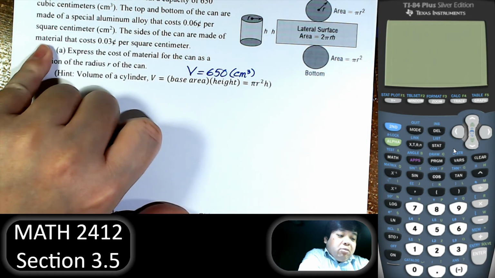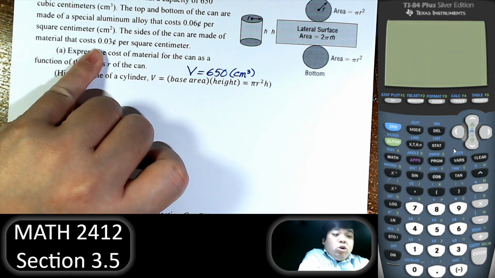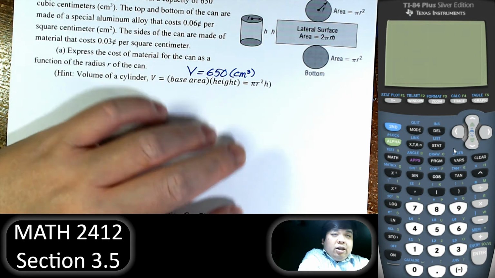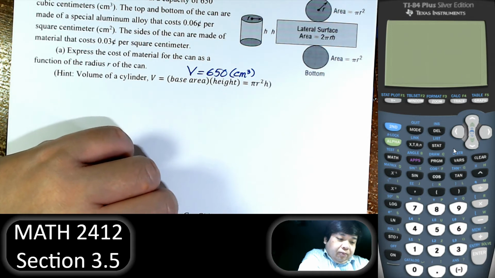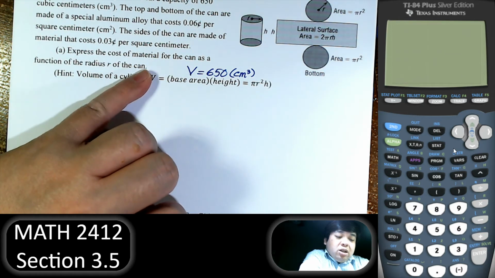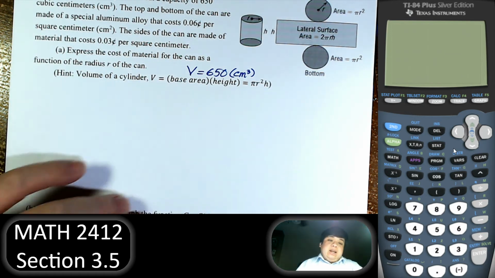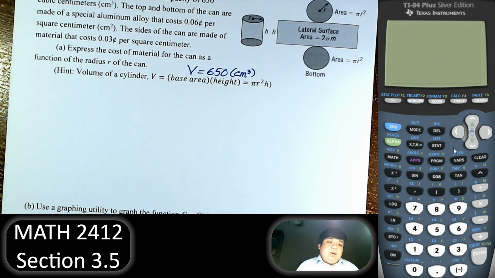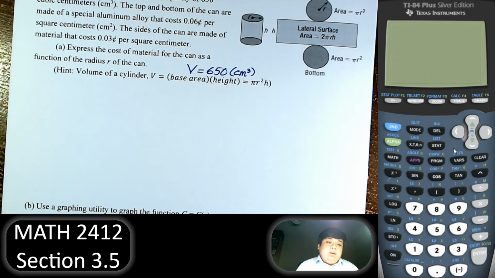The side of the can is made of a cheaper material that costs 0.03 per square centimeter. Express the cost of the material of a can as a function of r, the radius of the can.